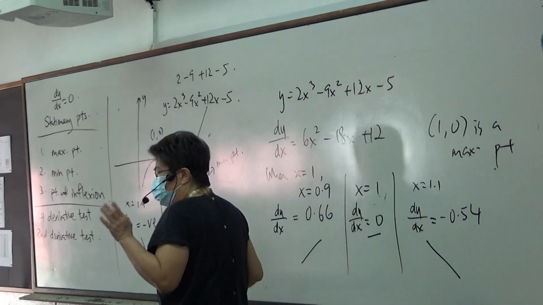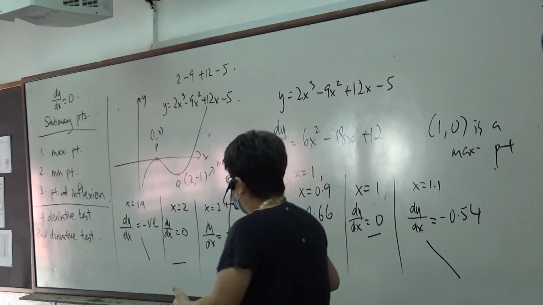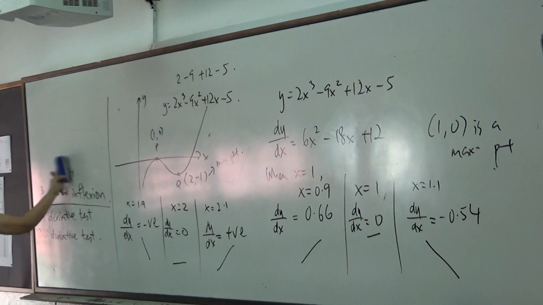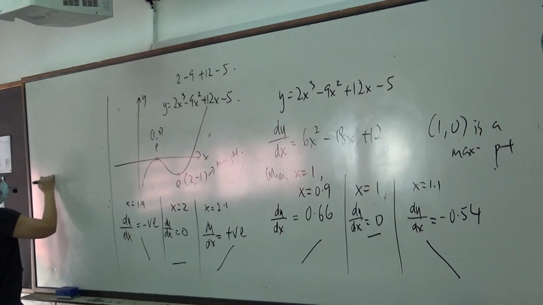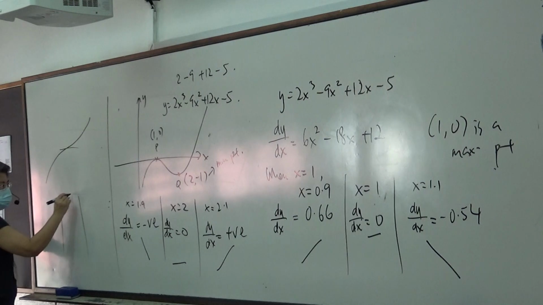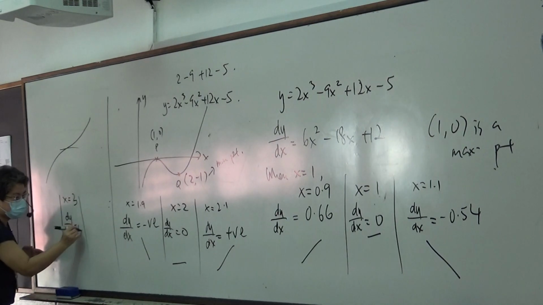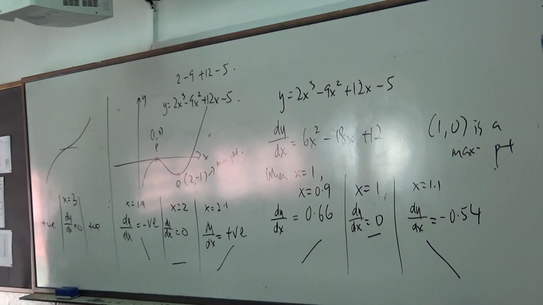Now, how would a point of inflection behave? I told you just now. Let's say this is 0. Can you see that a point of inflection, when you test, maybe 3 or whatever, this dy dx is 0. This side will be positive, this side will also be positive because it goes like that.